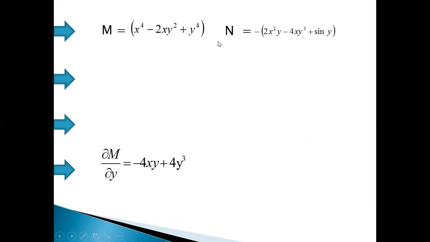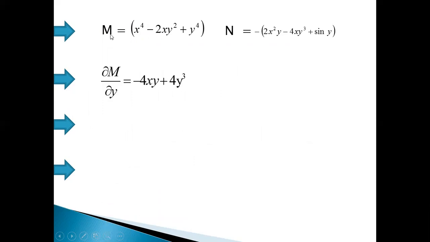Now we have to find the partial derivative of M with respect to y. See, in the first term there is no y, so it is a constant term. So the derivative of x raised to 4 is 0. Now the derivative of the second term with respect to y is minus 4xy.